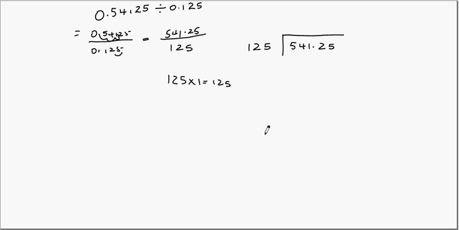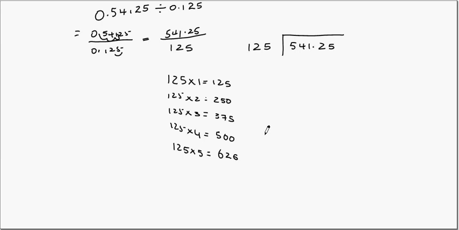Then the next one in line is 125 by 2, 250. 125 by 3, 375. 125 by 4, how much? That's 500, right? And then 125 by 5, that's how much? 625.